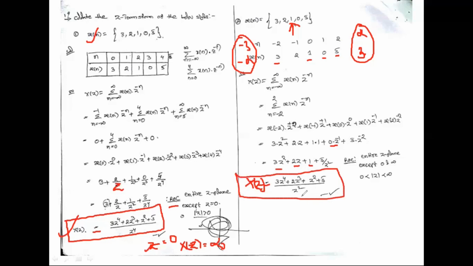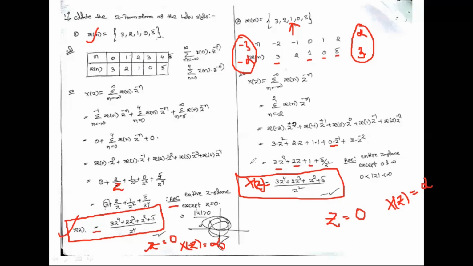Now we can substitute z is equal to 0. Z is equal to 0 here. The entire function becomes infinite. X of z is equal to infinite. Got it?